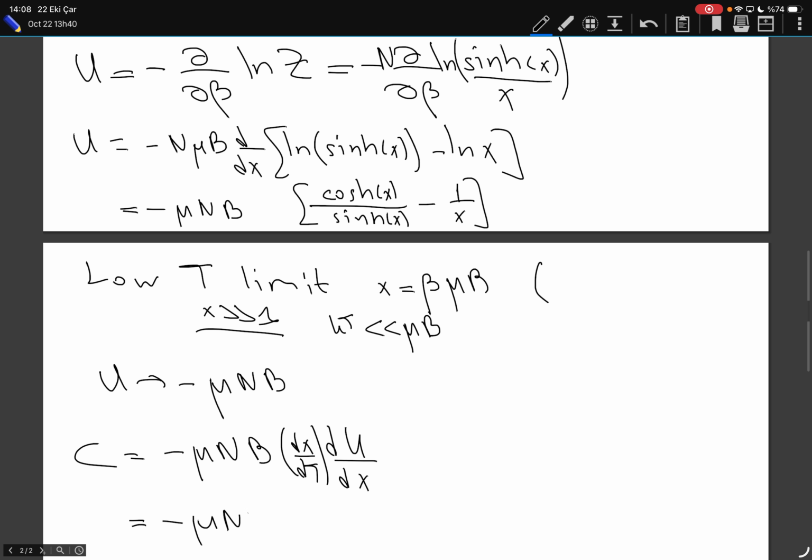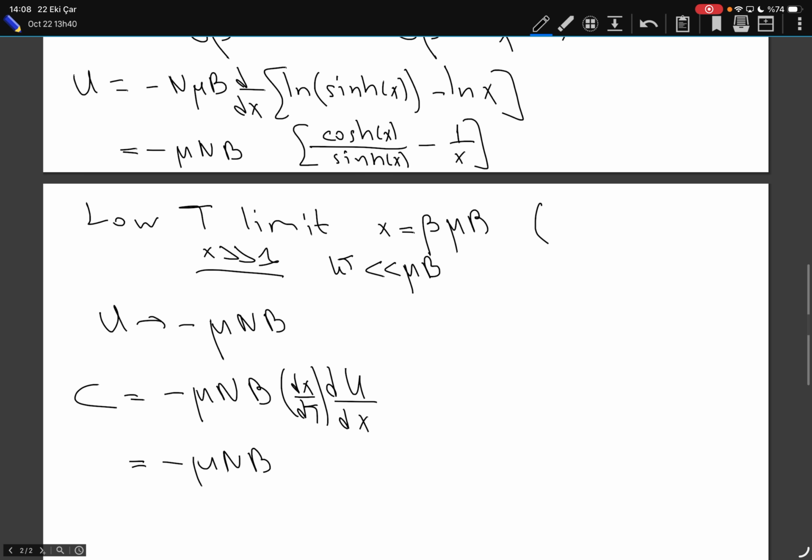minus mu and b, derivative of x with respect to t will be mu b over kt squared.